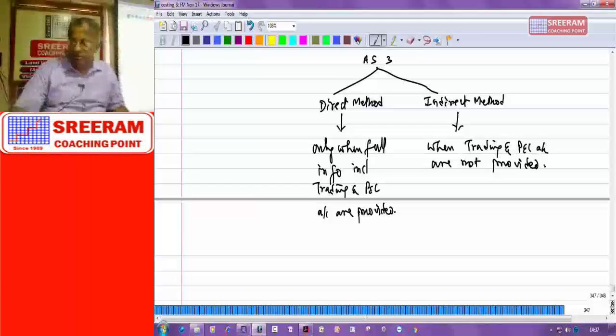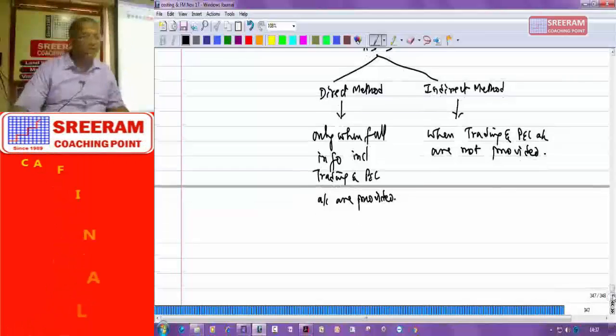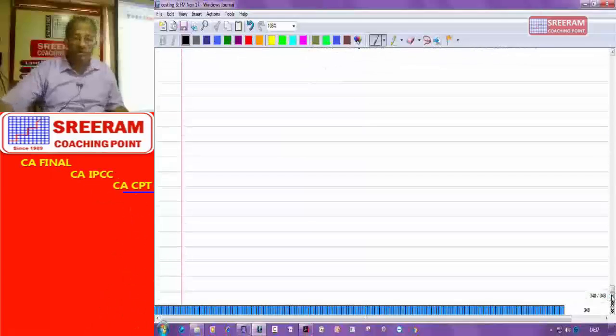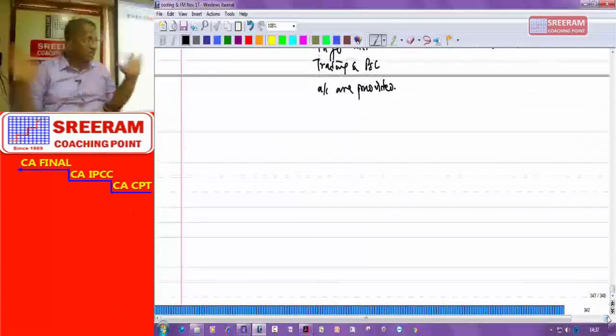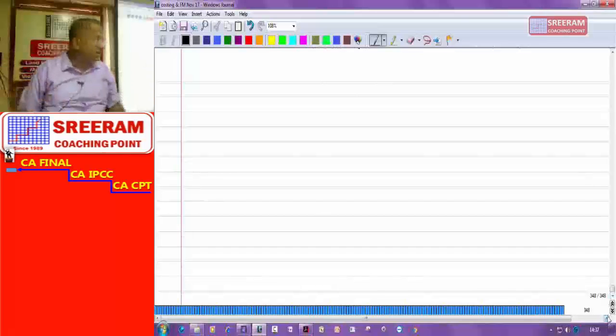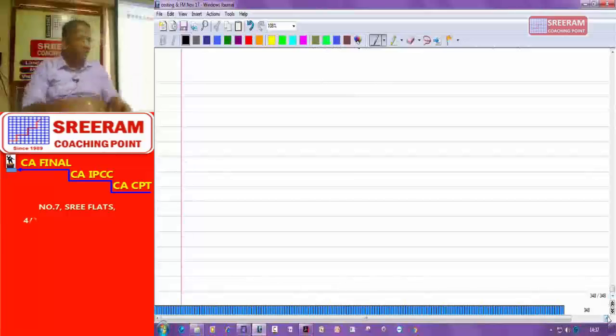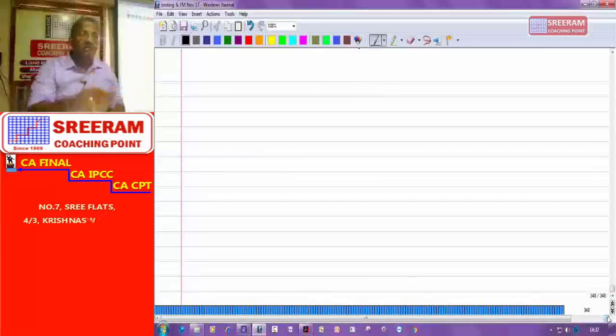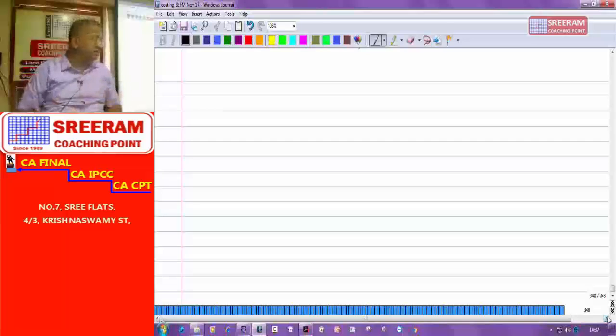Indirect method. What is it we will be doing in AS3? We will not do this T form of account. That is totally not used in this AS3. We will put everything in a statement-like form. Without T, what effect it will bring, that is what we are going to bring in the case of AS3.